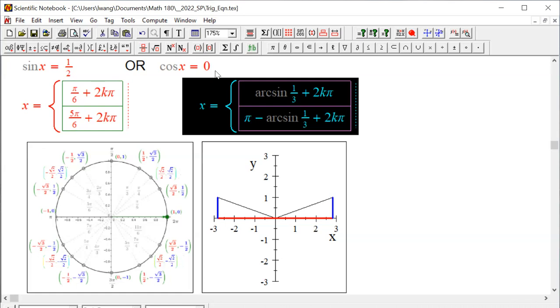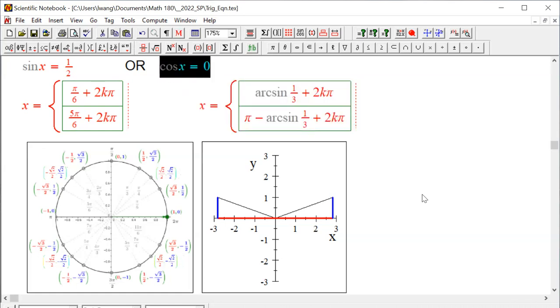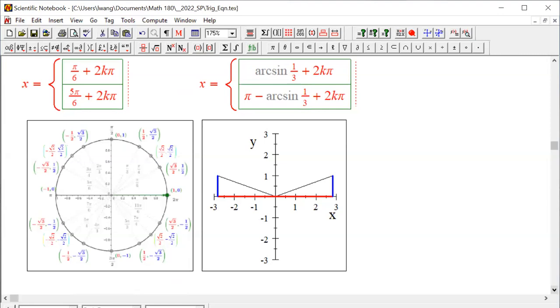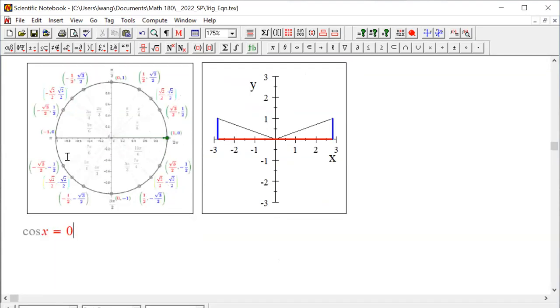And now look at cosine x. What's the solution for cosine x equals 0? The red number equals 0, and we have two of them: pi over 2 and 3 pi over 2.